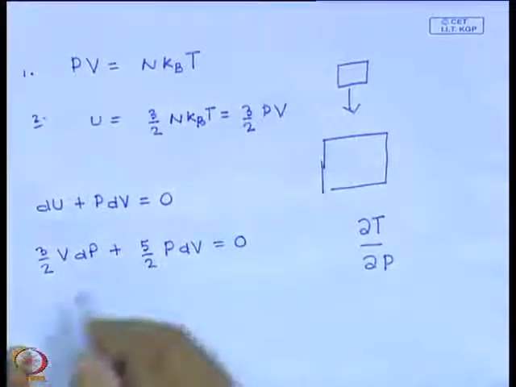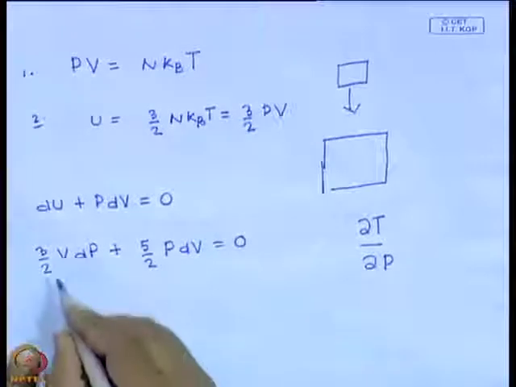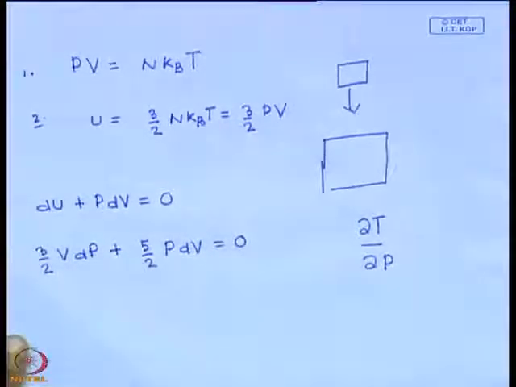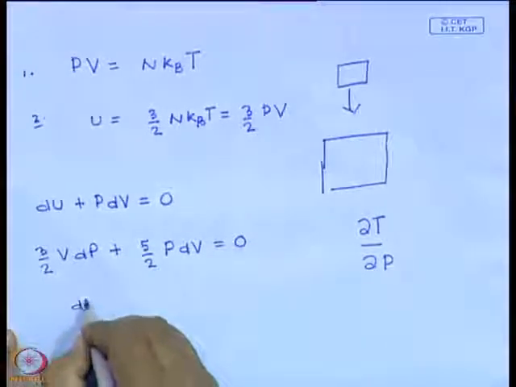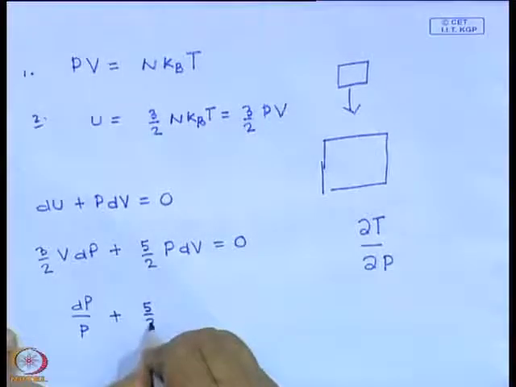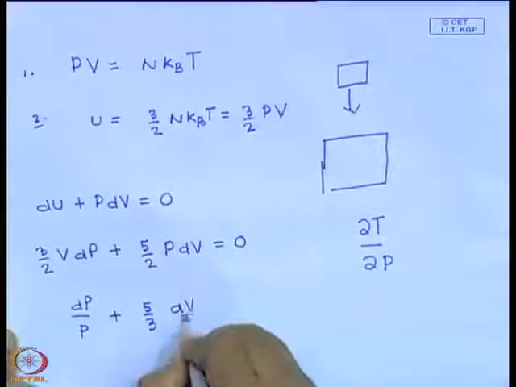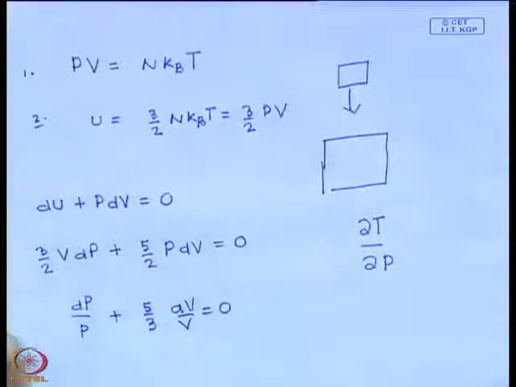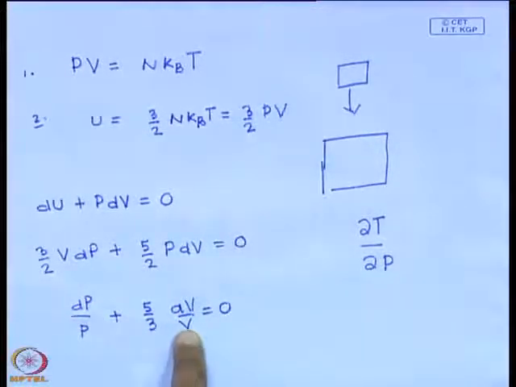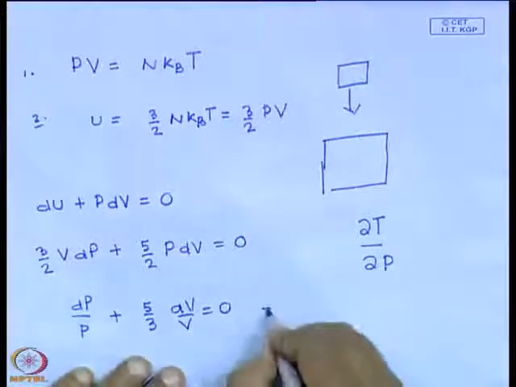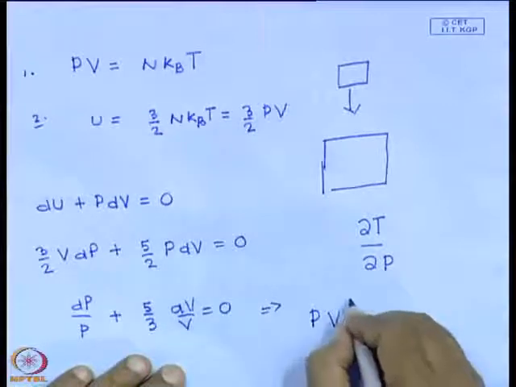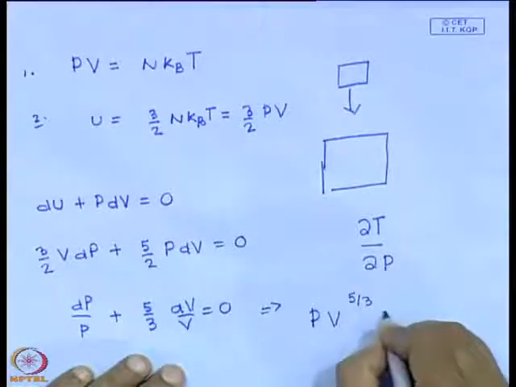Okay. And here we can divide throughout by P into V, and what we get is dP by P plus 5/3 dV by V is equal to 0, and this we know is log P, this is log V. So, what this tells us is that P V to the power 5/3 is a constant.